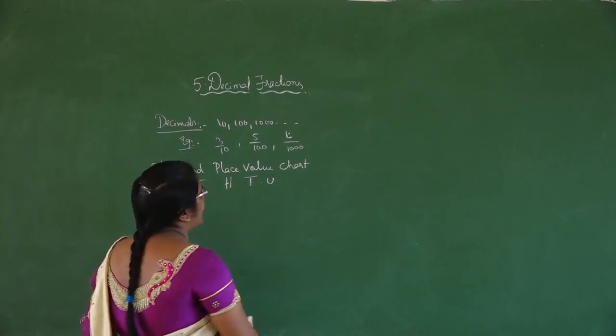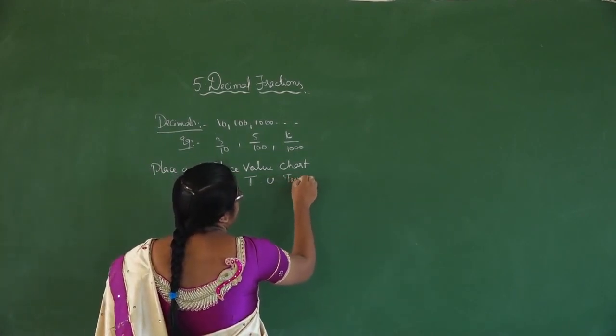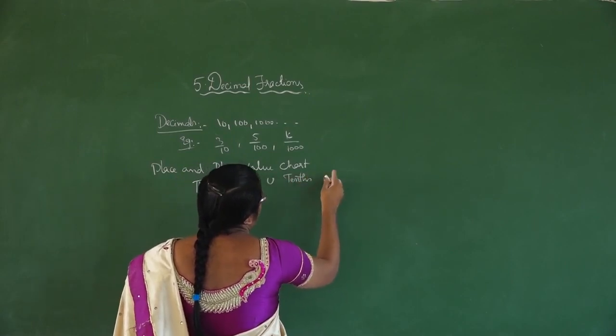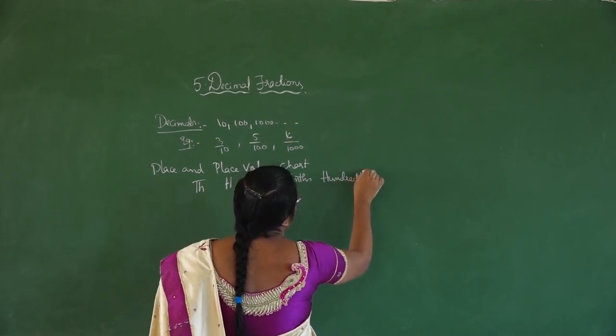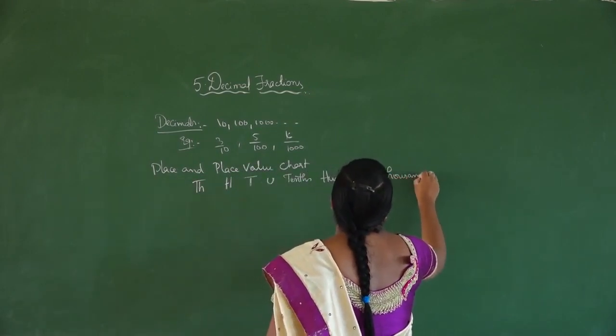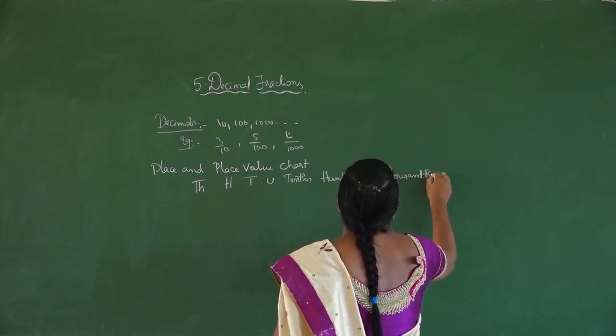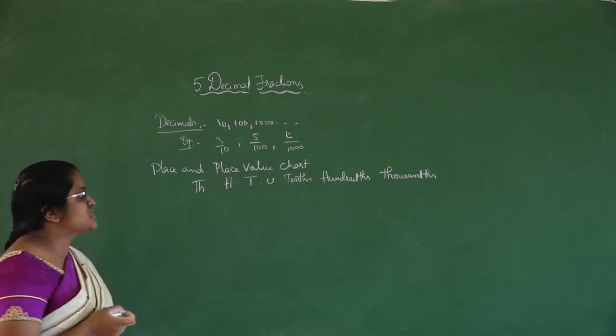When you go to the right-hand side, it is tenths, T-E-N-T-H-S, hundredths, H-U-N-D-R-E-D-T-H-S, thousandths, T-H-O-U-S-A-N-D-T-H-S. See, these are the places in the decimal system.